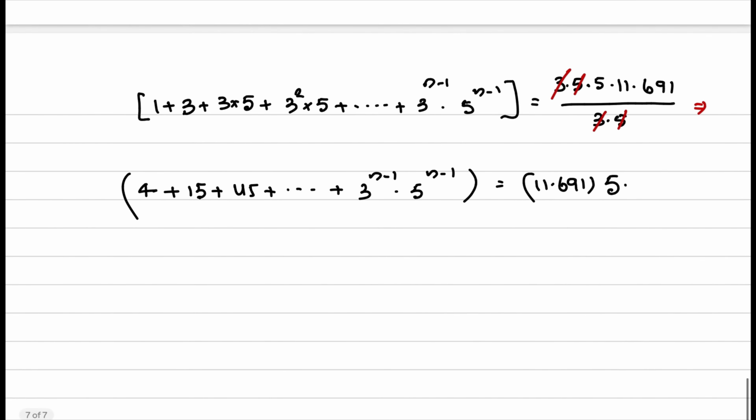You just see here, the right hand side is equal to 11 into 691 into 5, which implies it is divisible by 5.